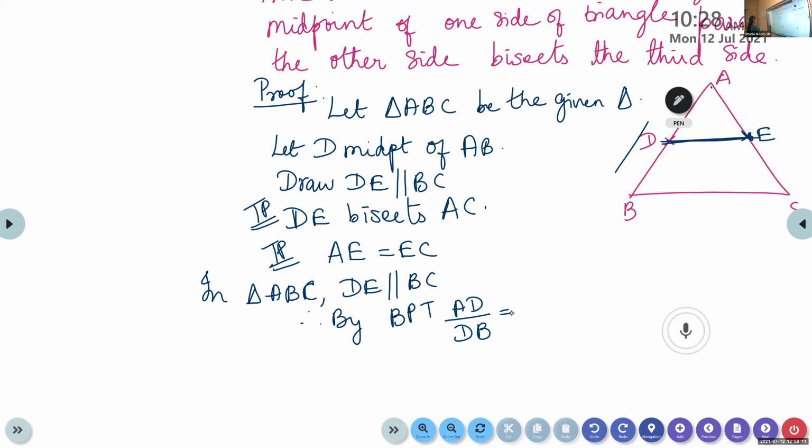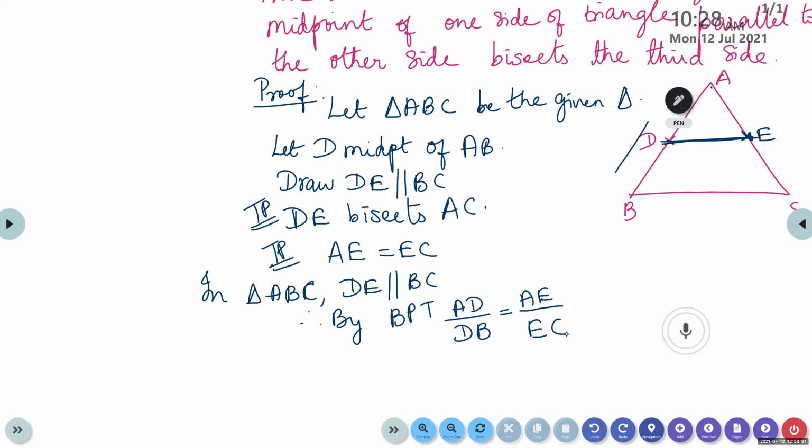AD by DB will be equal to AE by EC. Is it correct? Yes, ma'am. By BPT, AD by DB is equal to AE by EC.